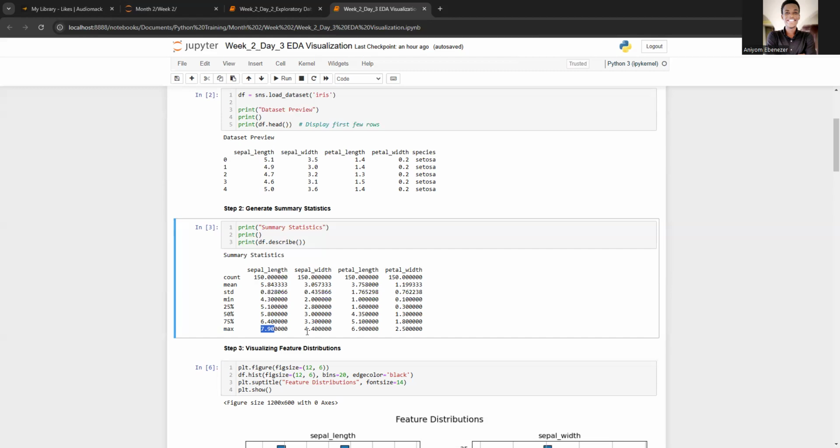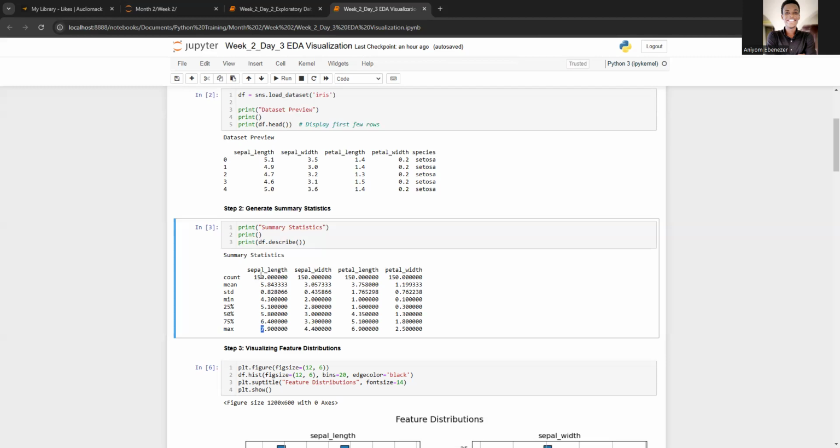And then I have here 4.40 and 3.30. The 3.30 is the 75th percentile for sepal width, while the 4.40 is the maximum value. And also, it will amaze you to realize that right from the mean, the standard deviation, the minimum value, and the 25th, 50th, and 75th percentile, and the maximum value.